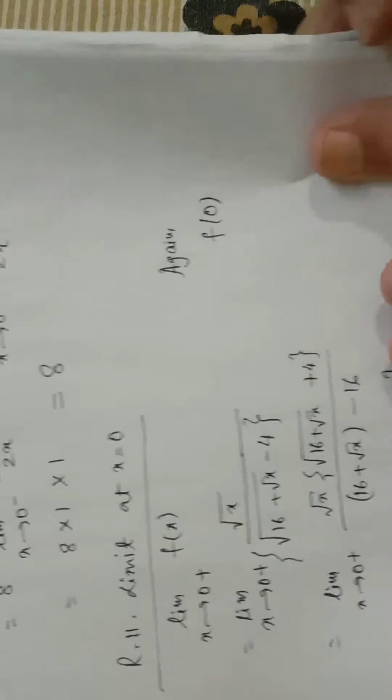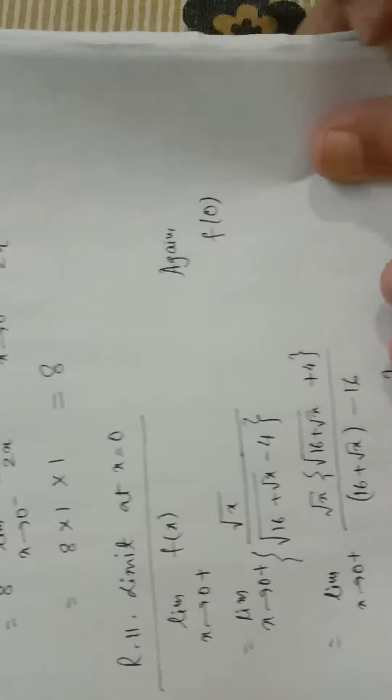Our next question is from NCERT book. The question is, show that f(x) equal to x minus greatest integer function of x, box of x, is discontinuous at all integral points, where box of x is greatest integer less than or equal to x. We know how to find the greatest integer function.